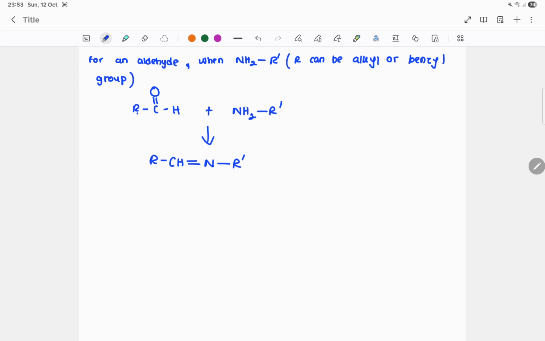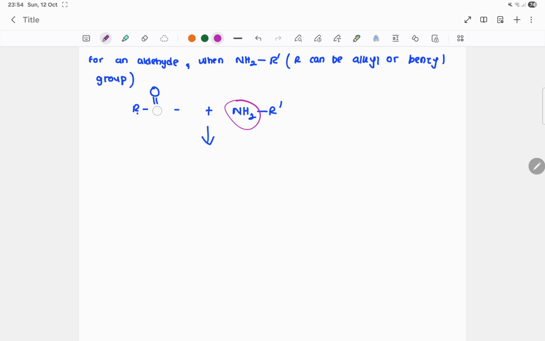I just want to explain that if there is this NH2 group and you add it to an aldehyde, you get this as a final product. Now you will ask, sir, what if a ketone is there? Then R plus NH2 R dash, this will happen: R C R double bond N R dash. This is what you will get.